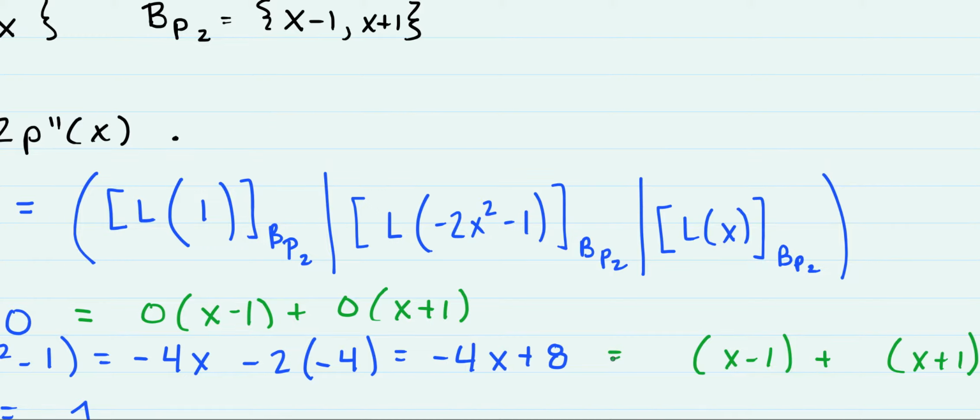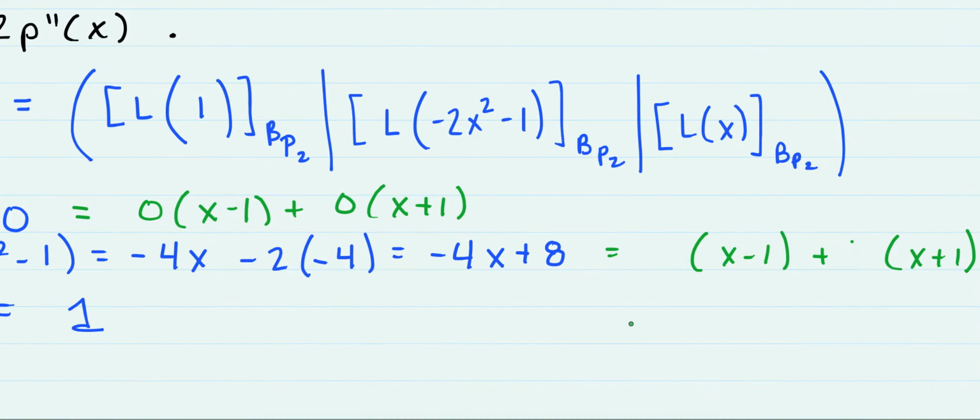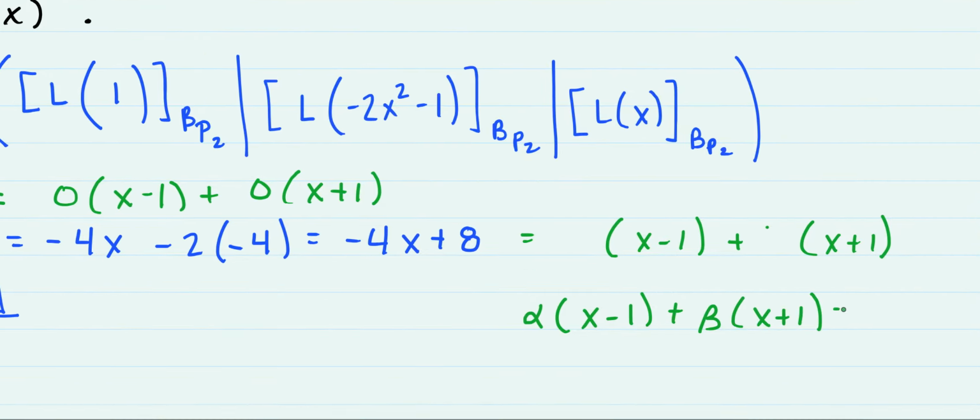I need an 8. So maybe we can do a negative 4. So if I multiplied this by a 2, no. All right, since that's taking me too long, we're going to have alpha times x minus 1 plus beta times x plus 1 is equal to negative 4x plus 8.